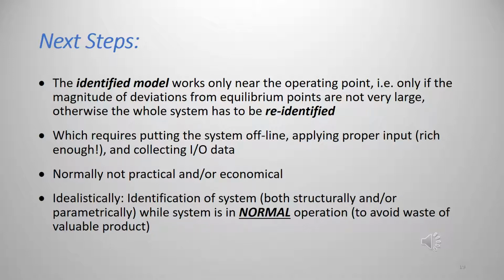If the system is operating far from that operating point, the model might not represent the physical system, and there might be some mismatch between the model and the physical system. So if this happens, we have to re-identify the model, both in terms of the structure of the model and or the parameters of the model.